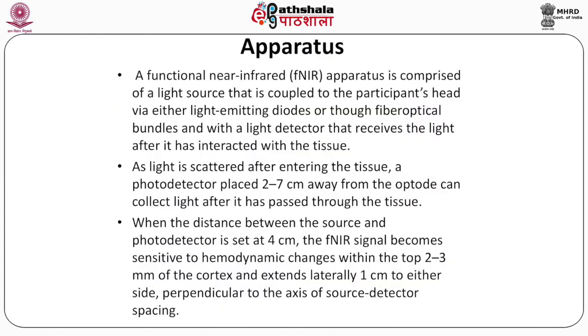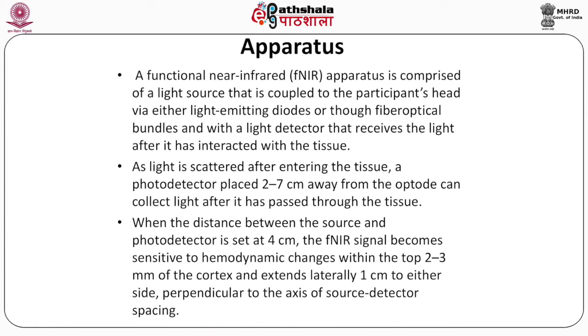Coming to the apparatus setting of this fNIRS, a functional near infrared apparatus is comprised of a light source, as we have seen just now in the diagram, that is coupled to the participant's head via either light emitting diodes or fiber optical bundles, and a light detector that receives the light after it has interacted with the tissue.